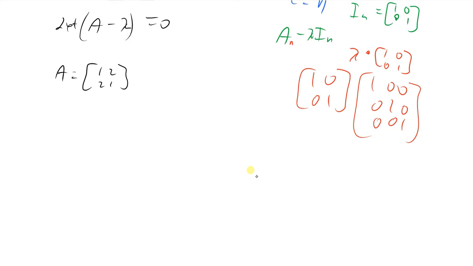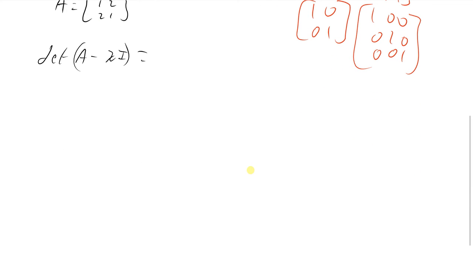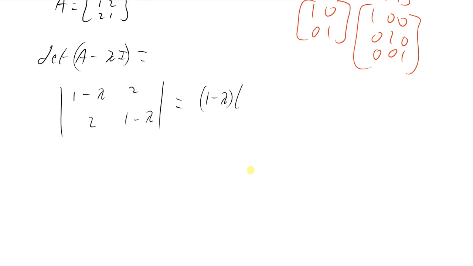So taking the determinant of A minus lambda I, we're going to end up with 1 minus lambda, 2, 2, and then 1 minus lambda again, which equals (1 minus lambda)(1 minus lambda) minus 4, because we multiply the diagonal and then subtract the other product, and this is equal to 0.